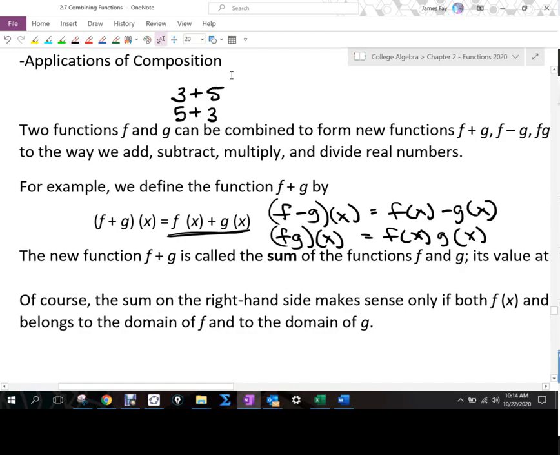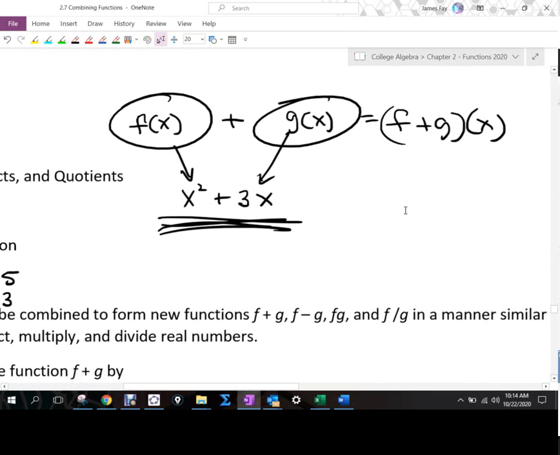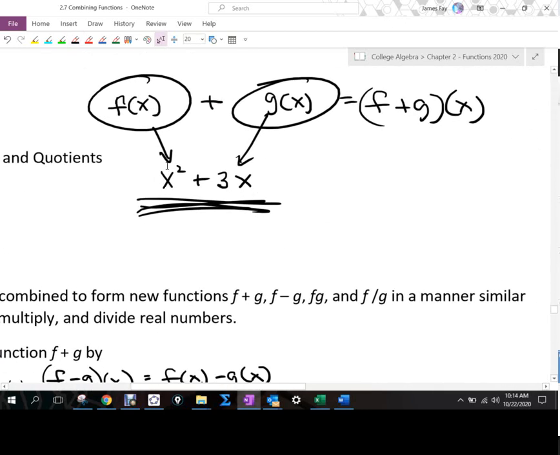So when f of x is x squared and g of x is 3x, is that the same thing as saying 3x plus x squared? Does that make sense? So the commutative property, because of the way it exists with real numbers, exists with functions. Function addition is commutative.